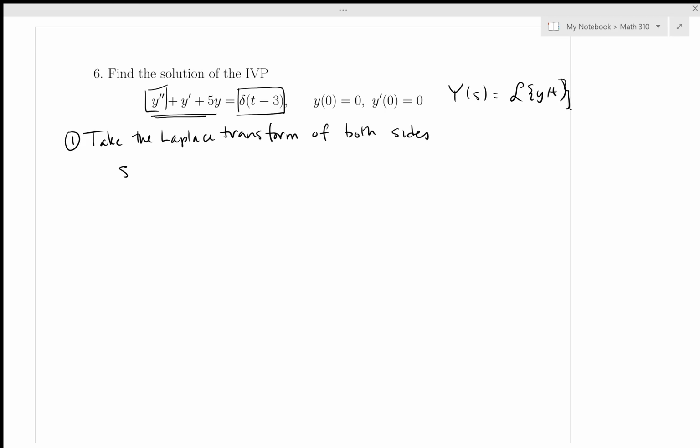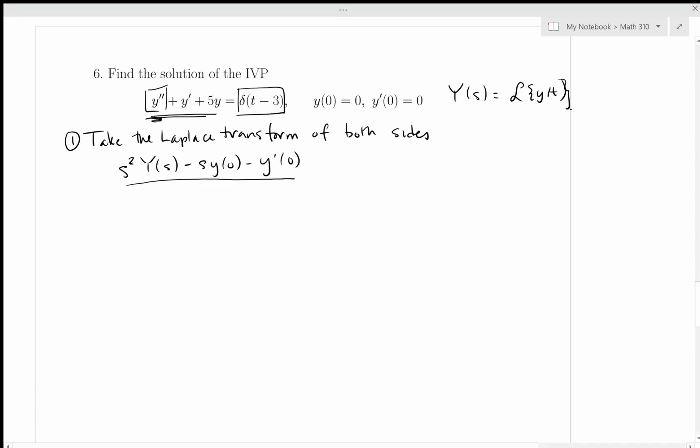So when I take the Laplace transform on the left-hand side of my differential equation, I get s squared Y of s minus s y of 0 minus y prime of 0. This is the Laplace transform of the second derivative of my solution. This part here corresponds to the y double prime.